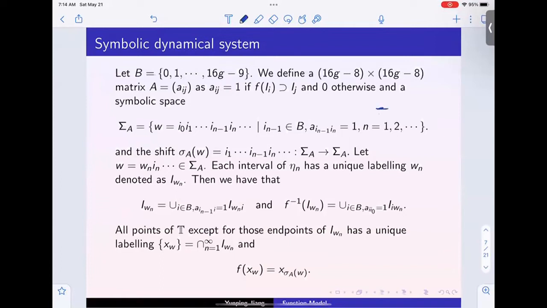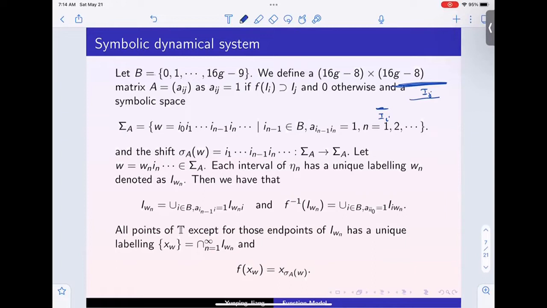That means if its image contains this I_j, then we call it 1. Otherwise 0, because according to the Markov property, the image either contains a whole interval or none, right? So then you can define the 0-1 matrix.